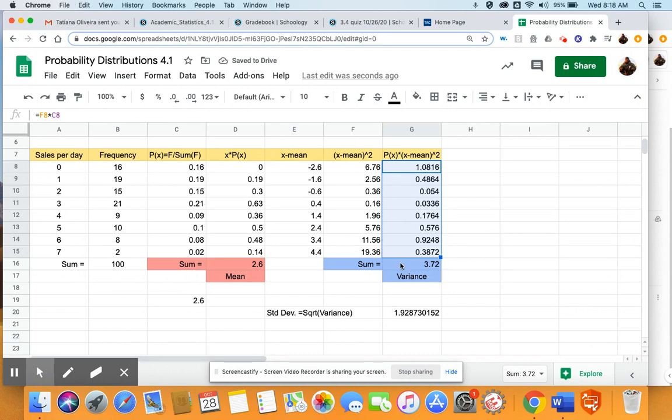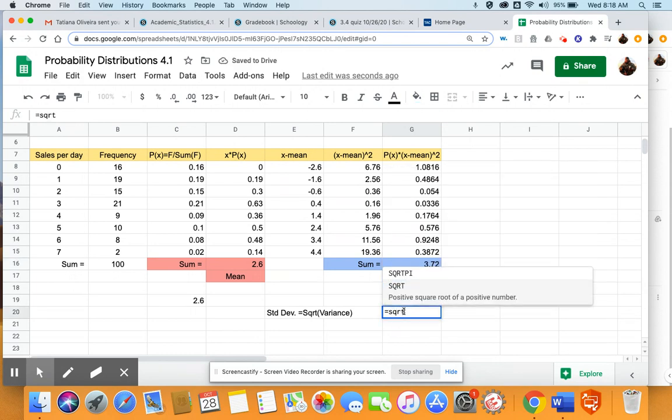Find the sum of that value. That's our variance. Take the square root of that value, equals SQRT of that, 3.72. And that will give us our standard deviation. So there you go. Creating a probability distribution, calculating a mean, calculating a variance, calculating a standard deviation.